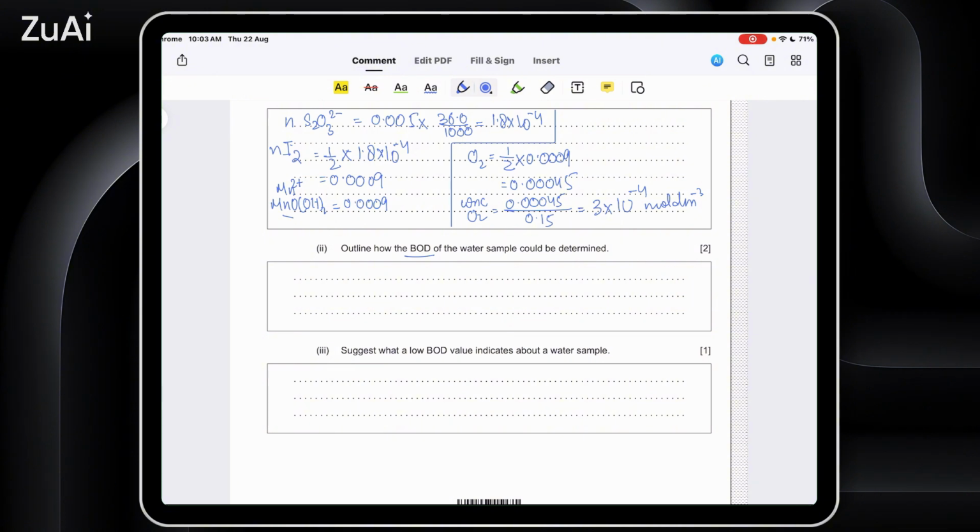So that's biological oxygen demand. So we have to measure the dissolved oxygen in water first.